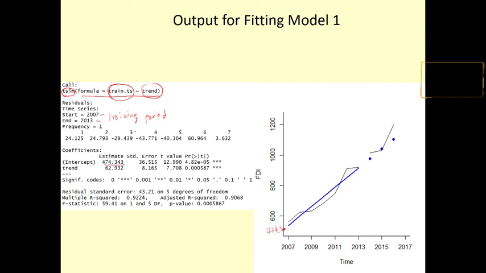This is the coefficient that I was talking about. If this is the coefficient, that means that the data of this line is increasing by 62.93 every period of time. As you can see, this is a t-value.